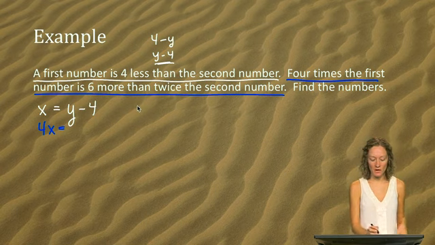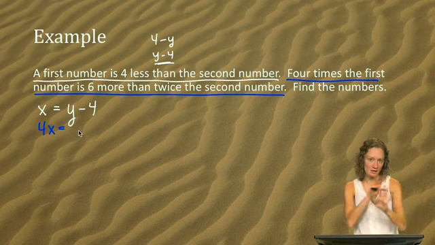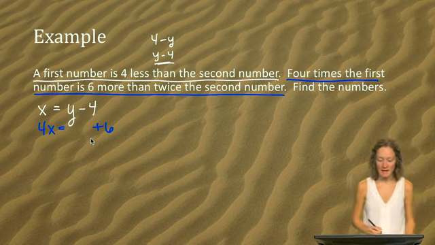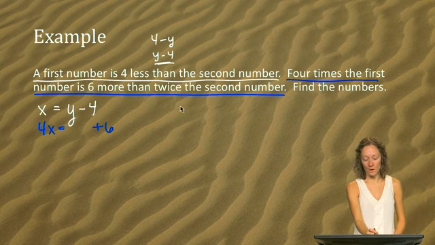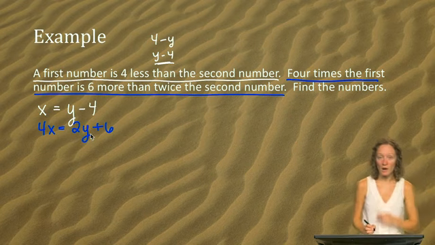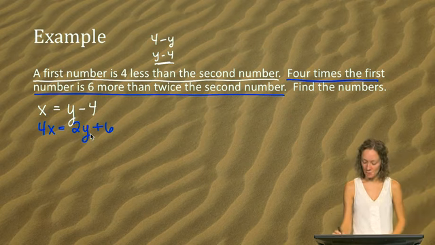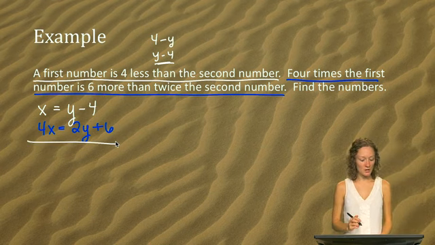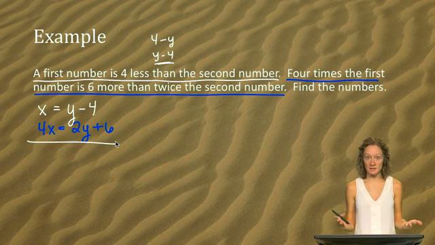You can put this anywhere. With addition, it doesn't matter which one happened first, but the direct translation says something is being added to 6. 6 more than what? Twice the second number, which would translate to 2y. We designated the second number to be y. All right, so there are two equations. They're both linear, so this is a system.